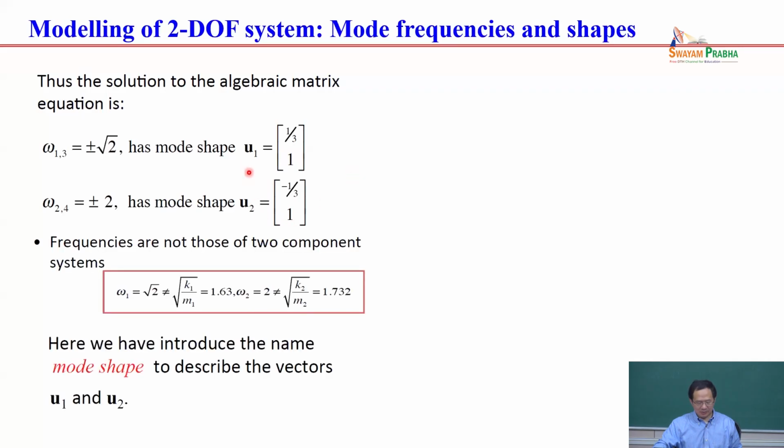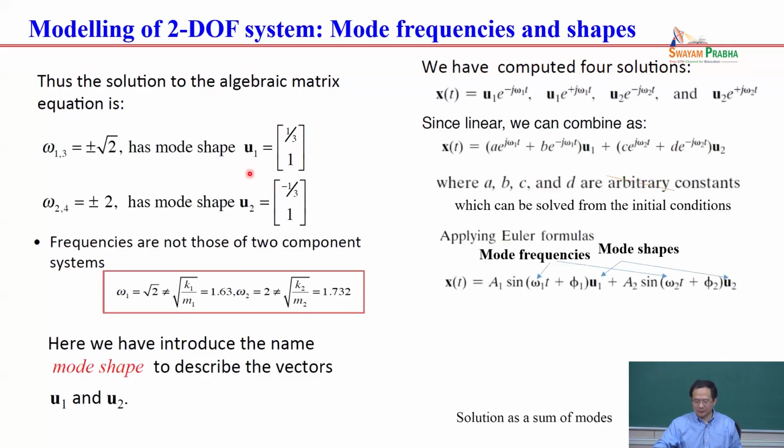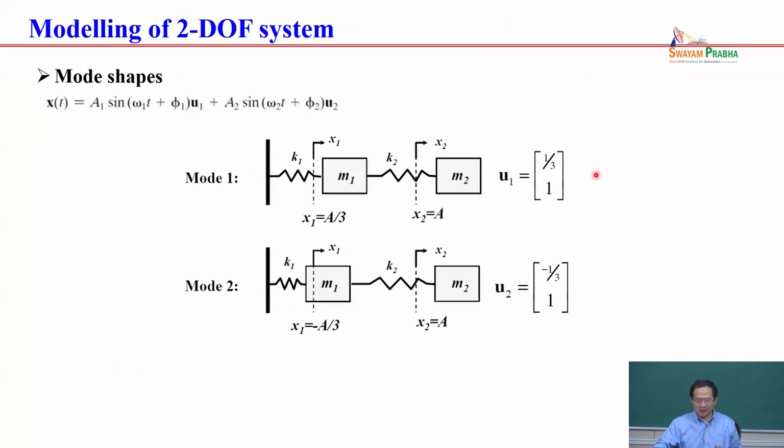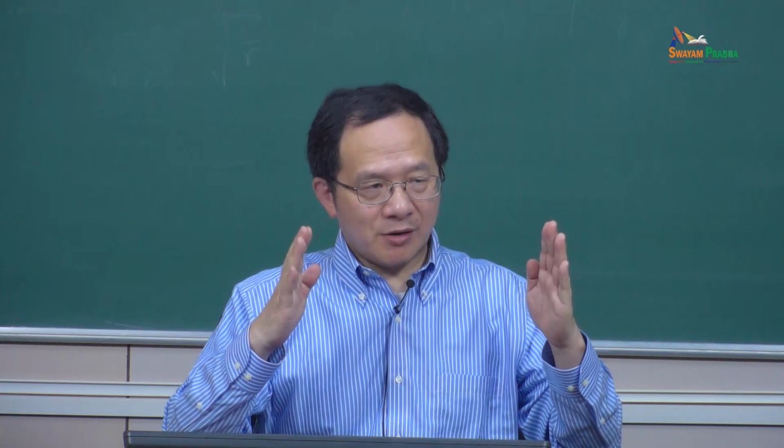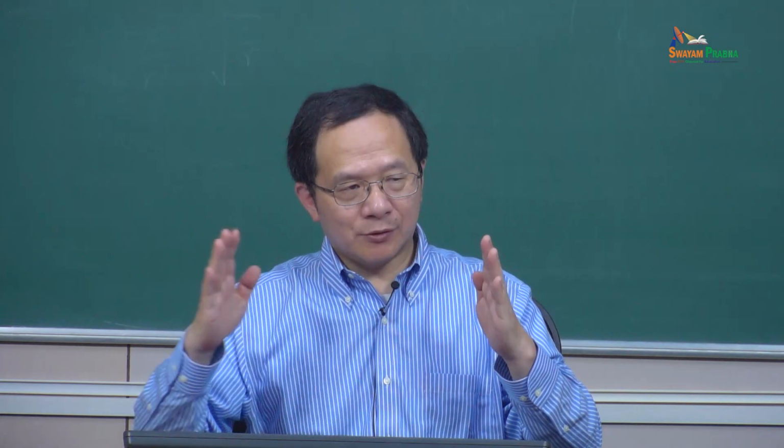Okay, so let me see. I want to show one figure first. Okay, and here is what mode shape and frequency mean. Okay, look at this one. The system vibrates at square root 2 frequency, and the shape is where x1, x2 are in phase, right? x1 moves 1/3, x2 moves 1.